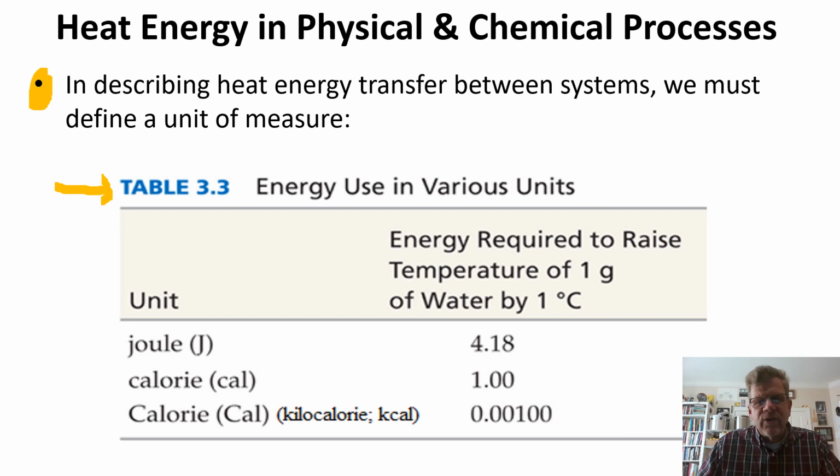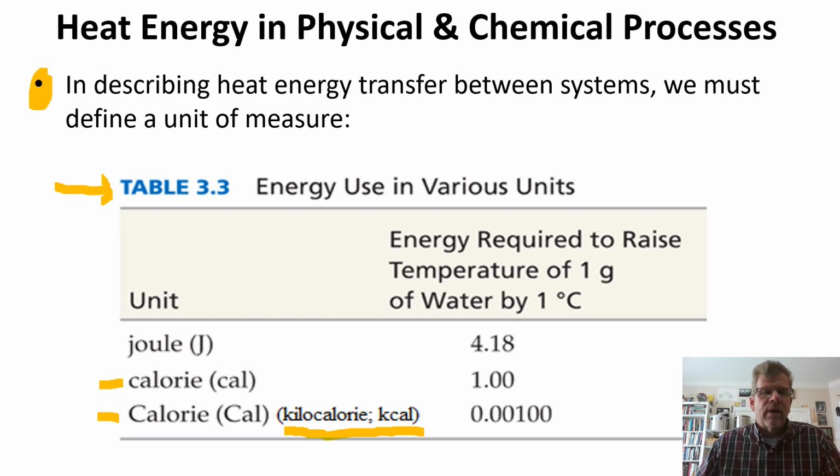Before we get into that, I do want to show you that there are 2 types of calories. Here was our original calorie that we expressed with a lowercase c, but here now is another Calorie with an uppercase C. That is also known as a kilocalorie because it is 1,000 regular old calories, if you will.